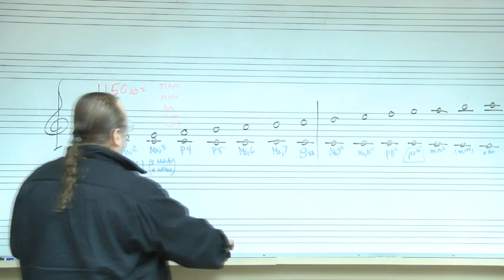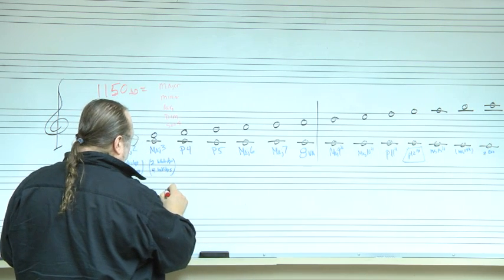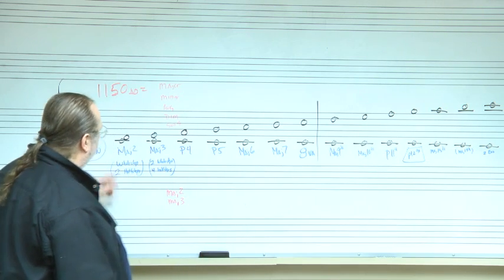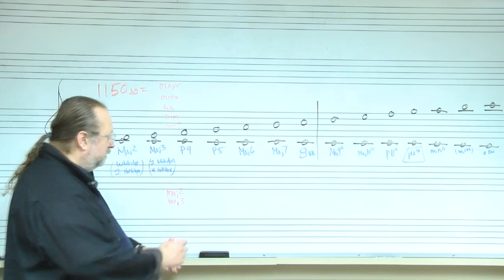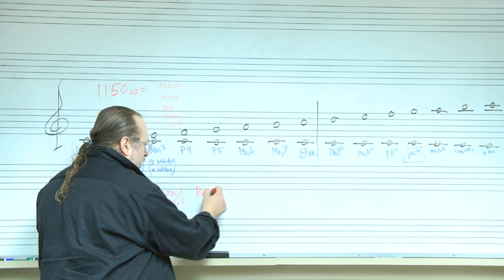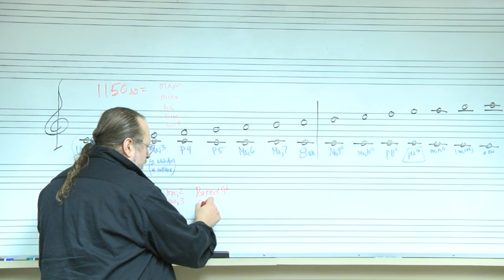When you're writing out a scale, the intervals are always going to be major second, major third, and this is just the name of it. It's been given from the 11th century. It's always called a perfect fourth, and a perfect fifth.